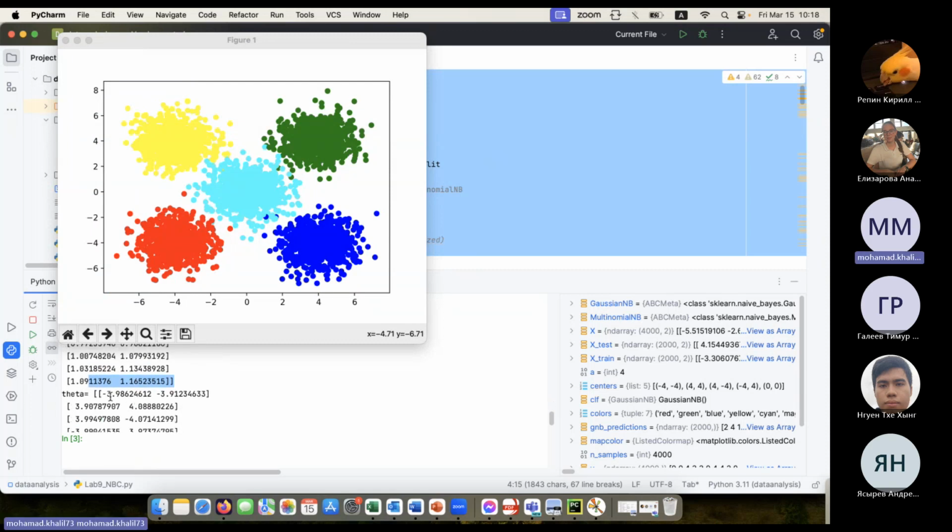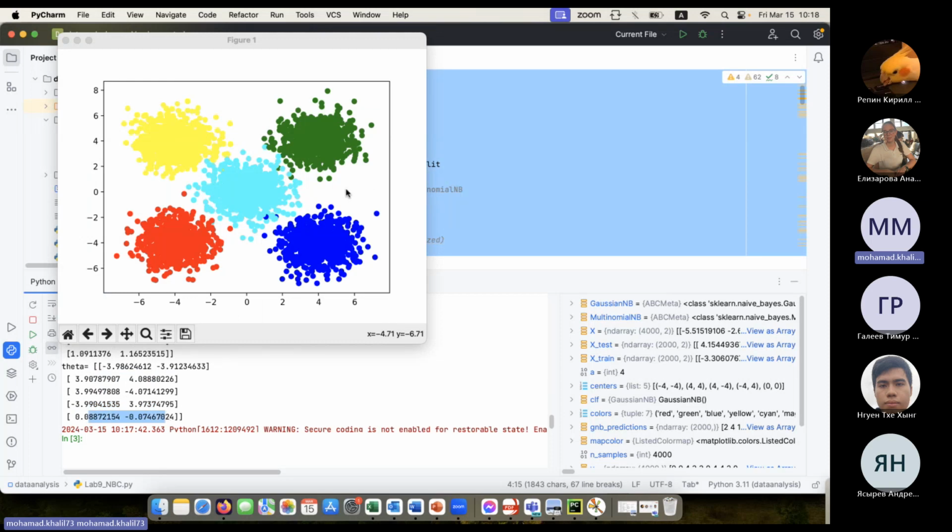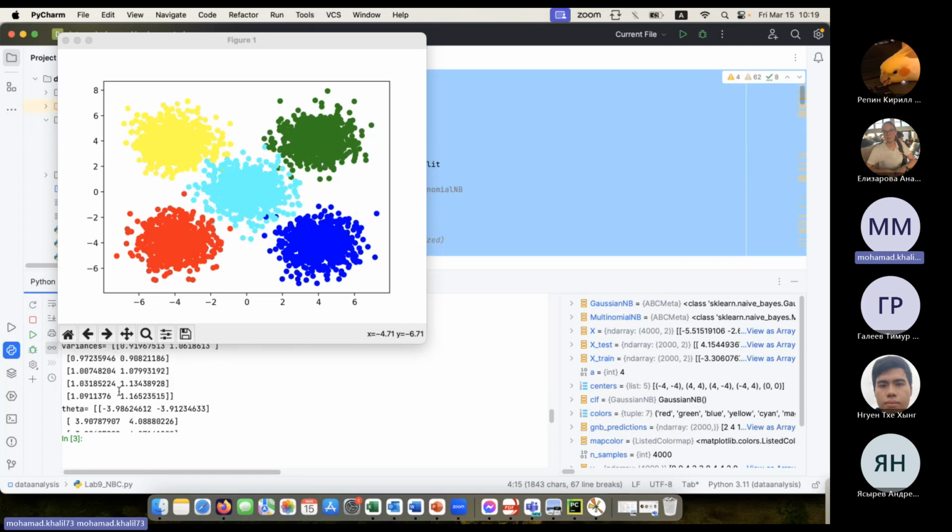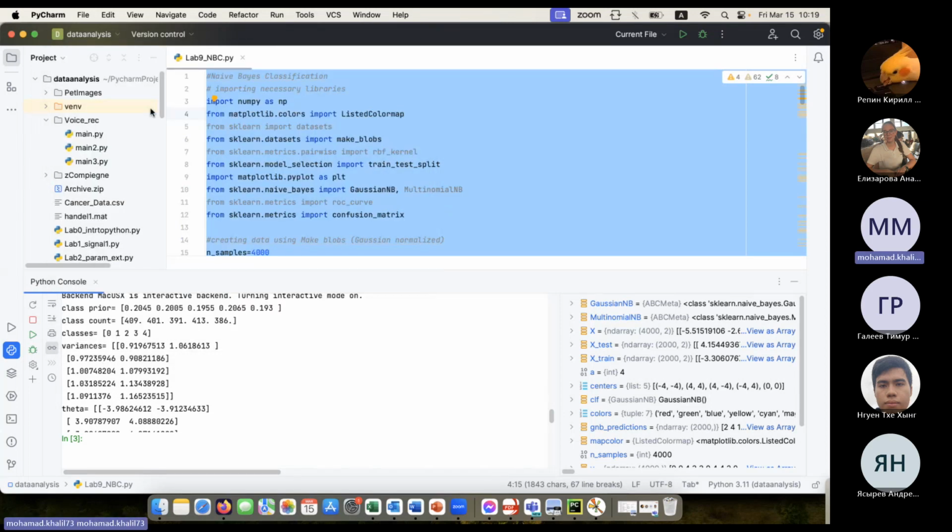Okay, and here is the average. The average of every theta is the average of every mu. Here is mu1: minus 3, minus 3; mu2: 3, 3; minus 4, minus 4; 4, 4; 4, minus 4; minus 4, 4; and 0, 0. You see, because he estimates the center in theta and estimates the variance in the variance.